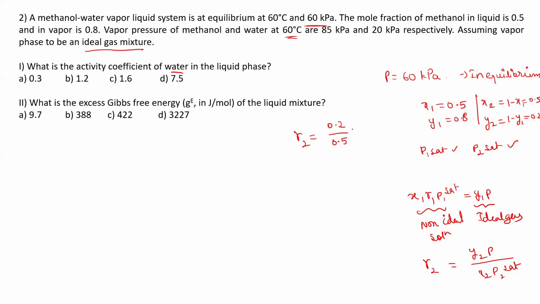And P is 60. P2 sat is 20 kilopascal. Now this is equal to 1.2.